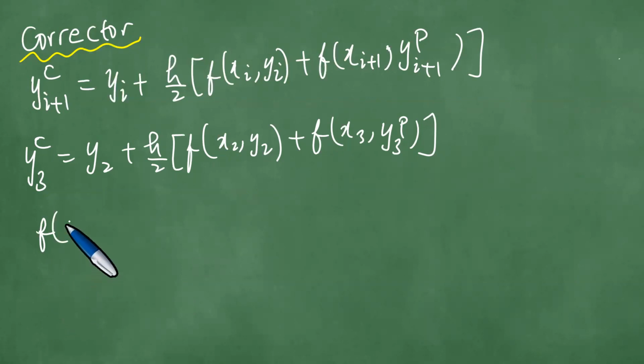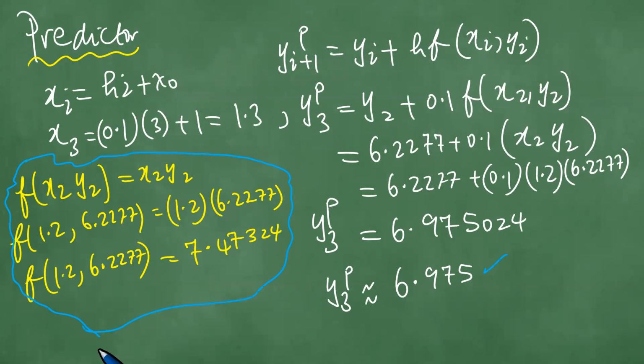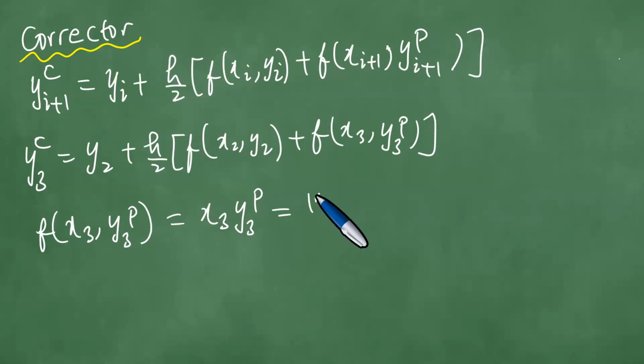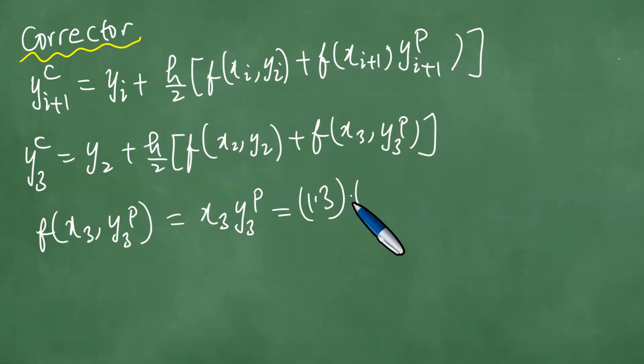We need to use the differential equation to get x3, y3 predictor, which we're going to use in the corrector formula. What is x3? 1.3. What is the predictor? 6.975. Okay, you multiply these.